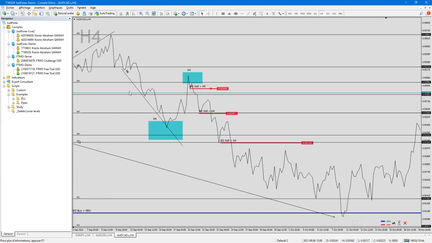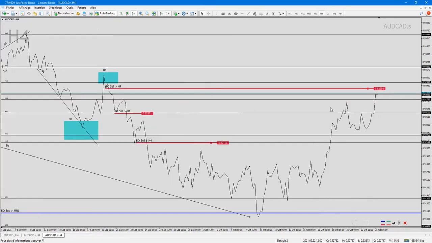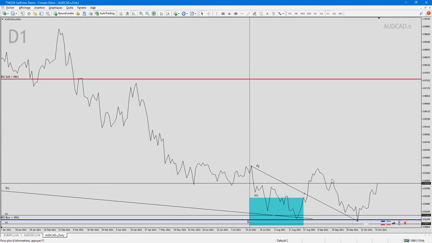So we got this breakout sell here and another H4 level. So when price went from the daily, we can notice that it broke all those levels until it reached this one.